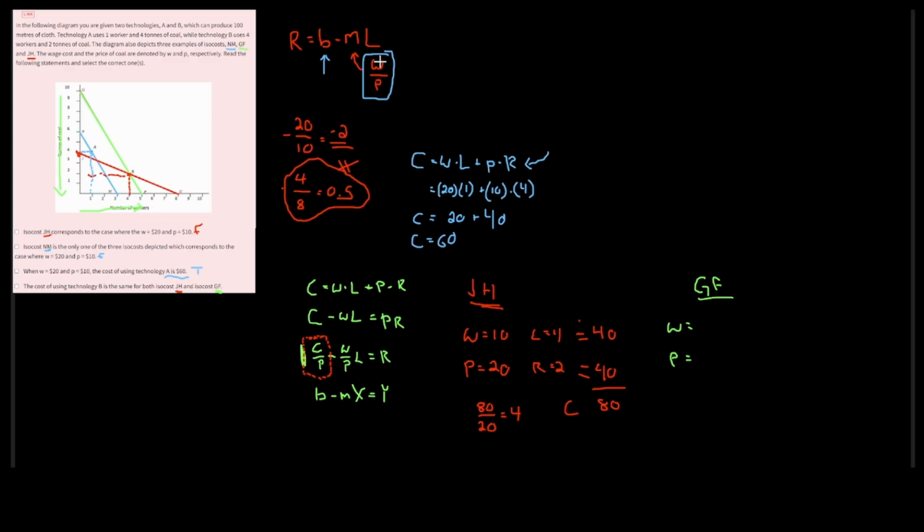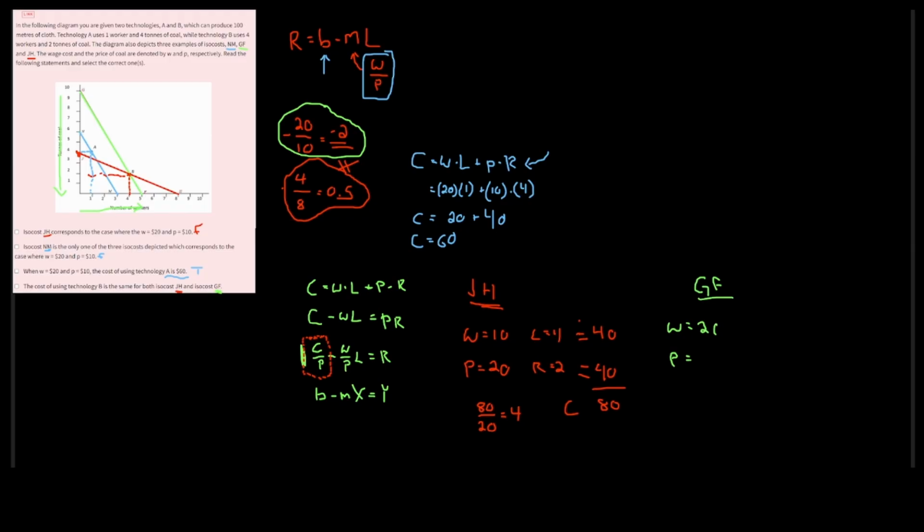So wage over P, 10 over 5. Well, that's not necessarily what wage and price are, but that's the ratio of wage and price. 10 over 5, we get a ratio of 2. Oh, hey, look at that. We already had a ratio of 2, and that's when wages were 20 and price was 10.